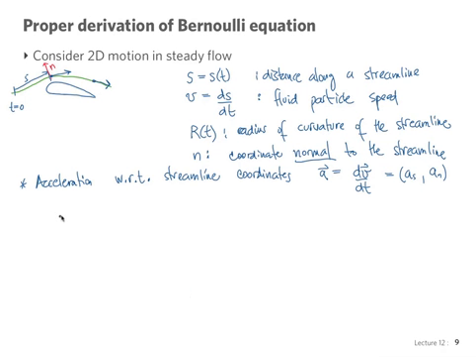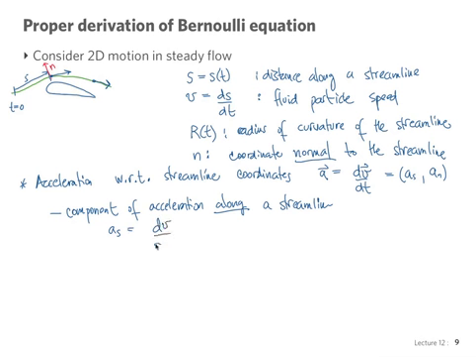The component of this acceleration along a streamline, so two components, one normal and one tangent, is A_S, of course. This is dv/dt. V is defined up here. V is ds/dt.